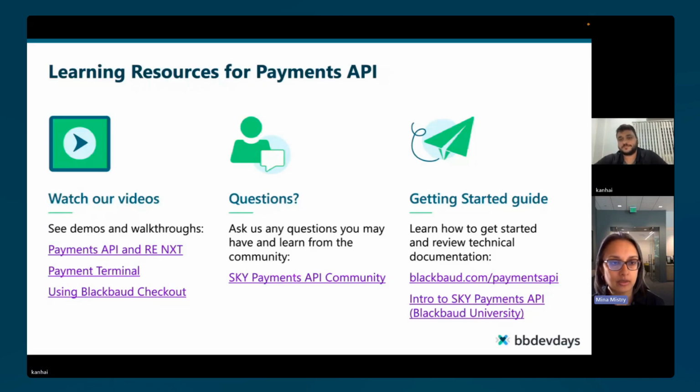The first one, on Payments API and RENXT, goes a little more in depth into the initial setup, which is common to all the Sky Developer APIs. So you may be familiar with it already, but the OAuth workflow, making sure you get the right authentication token set up properly prior to using the APIs. It walks through that as well. So you can look at that.